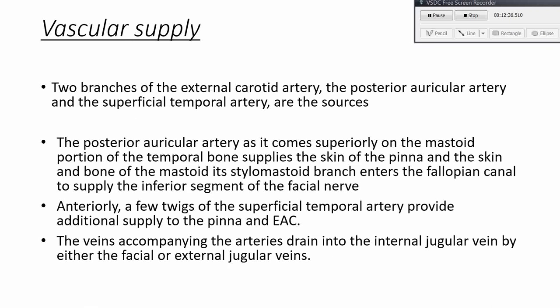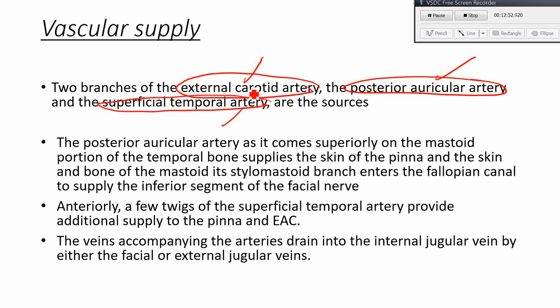Now the vascular supply of the ear and external auditory canal is from the external carotid artery, number 1, through the posterior auricular artery, number 2, and the superficial temporal artery. So two branches of the external carotid artery, posterior auricular artery and superficial temporal artery.